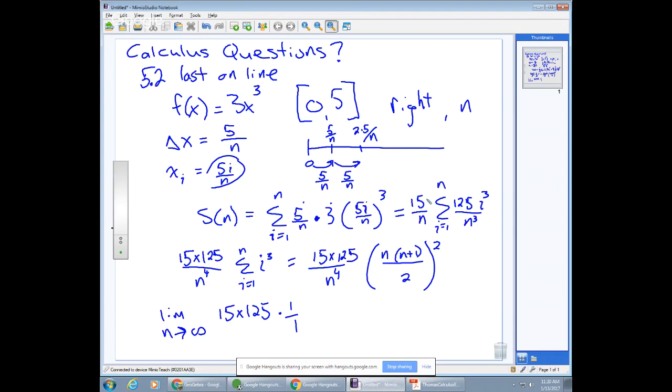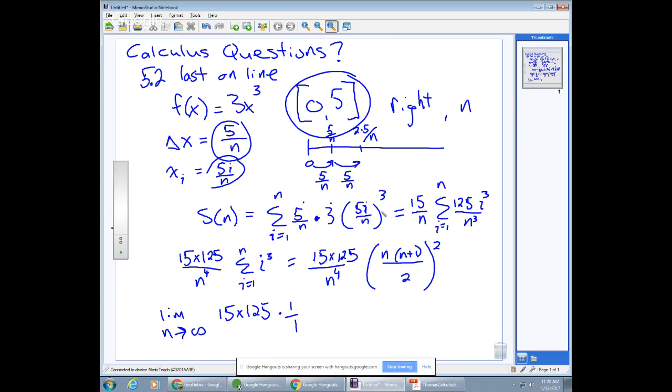Okay, let's see. 3x cubed. Interval width. The interval is 5 wide. Cut into n subintervals. That's okay. Starting at 0, we jump by 5 over n.